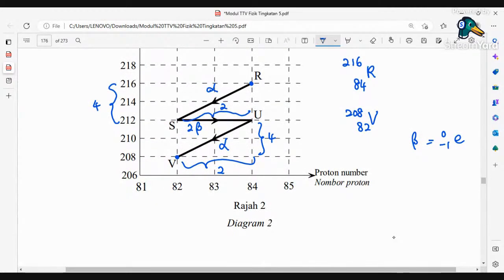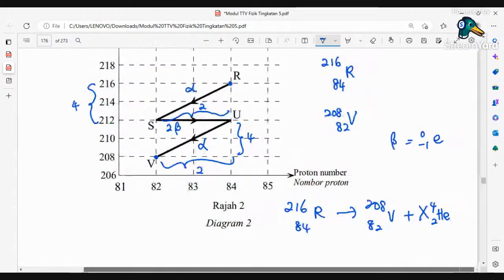If you want to write it, you can also do something like this. 216, 84 R goes to 208, 82 B plus x of 4, 2 He plus y of 0, negative 1 e.